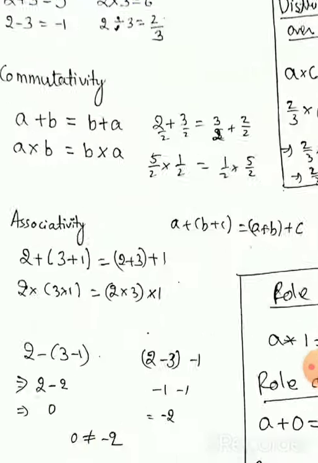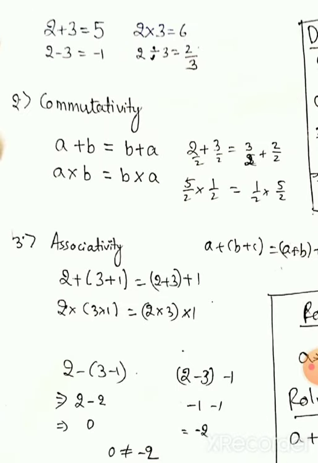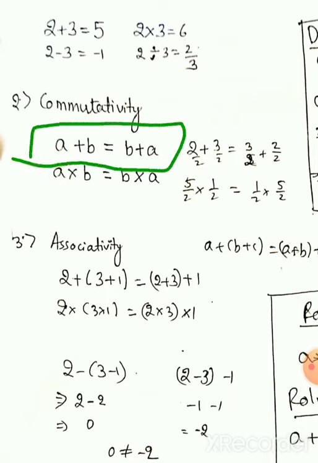Next comes commutativity. Okay, what does commutativity state? It states that a plus b is equal to b plus a. If you do the operation from either side, the result will be the same, then it will be said that this is commutative. Okay, it satisfies the commutativity rule. For whole numbers, natural numbers, integers and rational numbers, you will find that addition and multiplication are commutative.